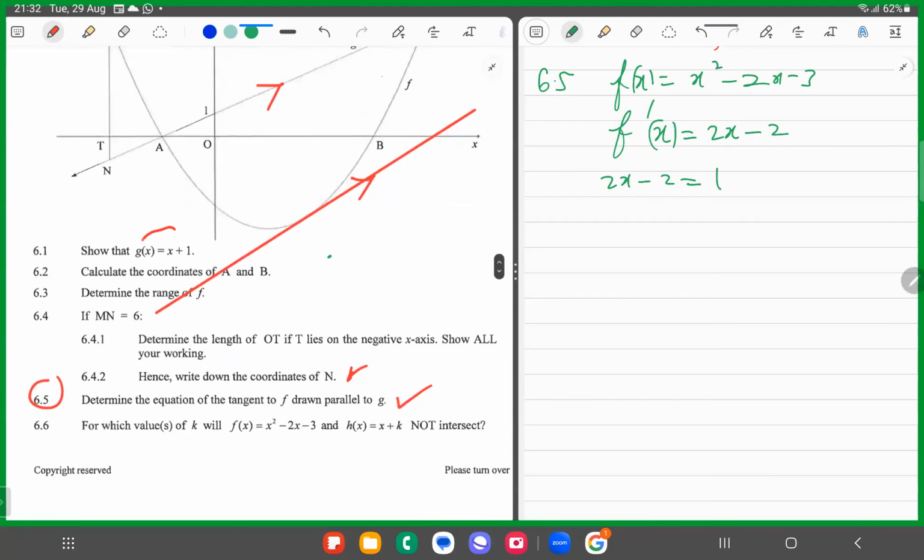Here is g, given as the equation y equals x plus 1, so it has a gradient of 1. Since g has a gradient of 1, it means that m is 1.